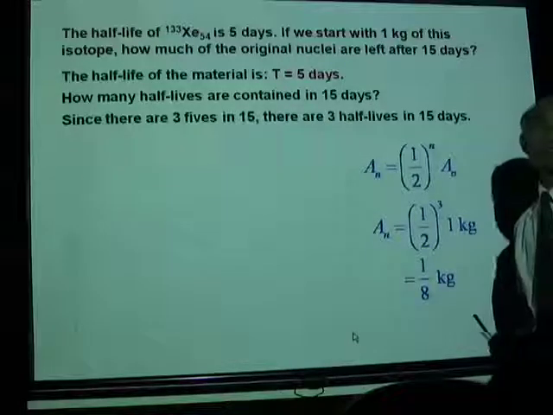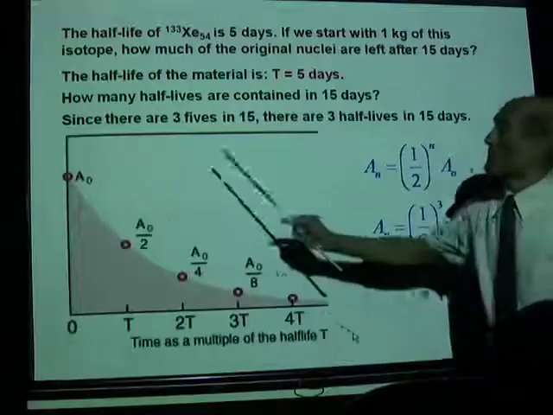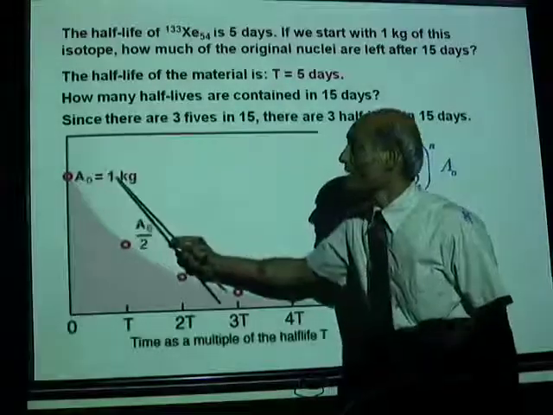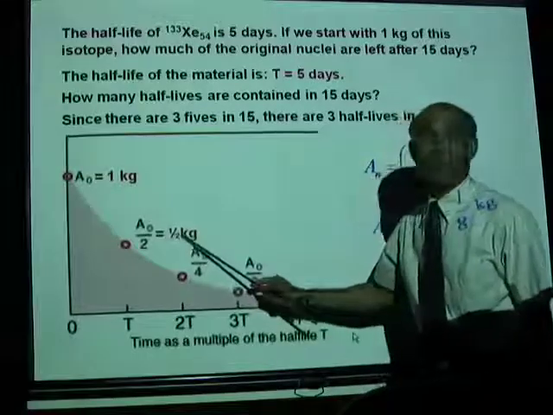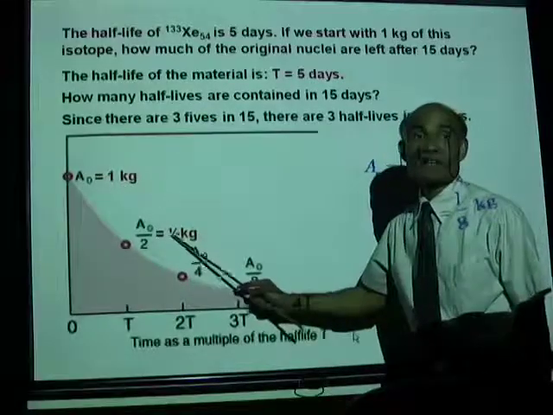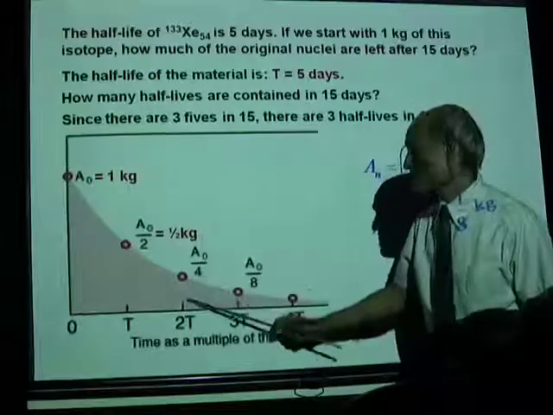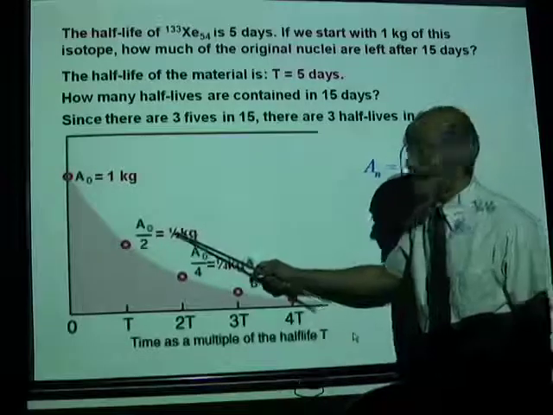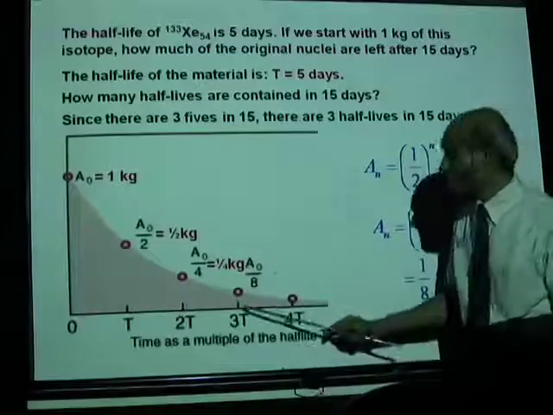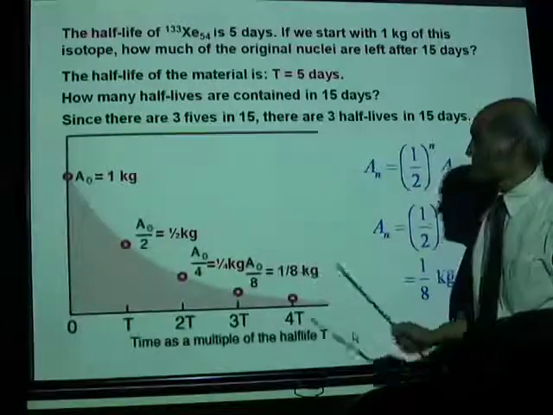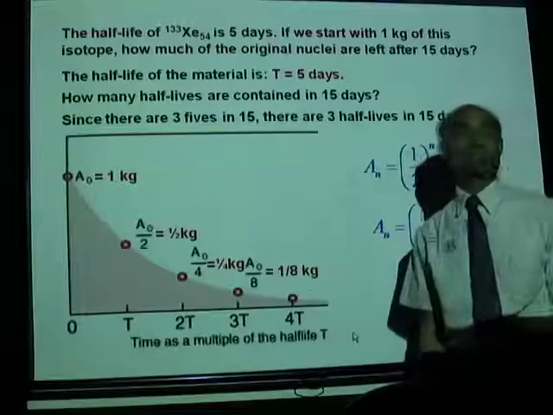That will be 1/8 of a kilogram. So we start with 1 kilogram. After 1 half-life, 1/2 of that 1 kilogram is left. After 2 half-lives, 1/2 of 1/2, 1/4 of that is left. After 3 half-lives, you have 1/8 of a kilogram left.